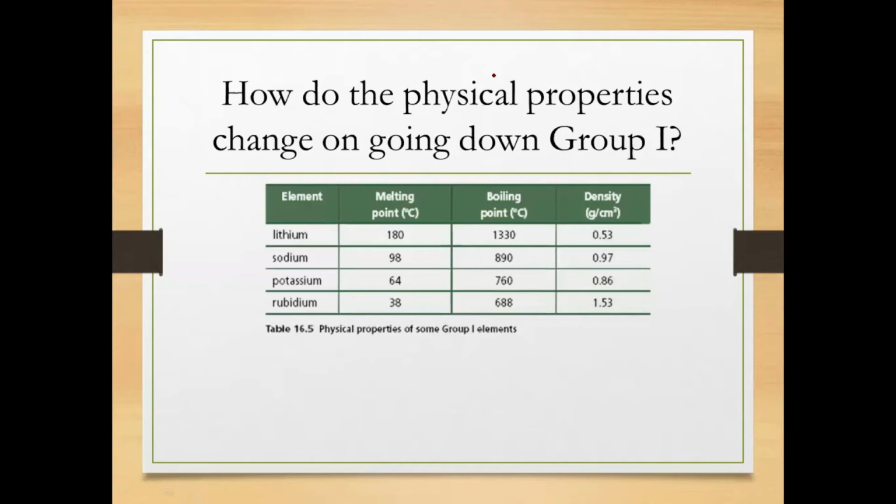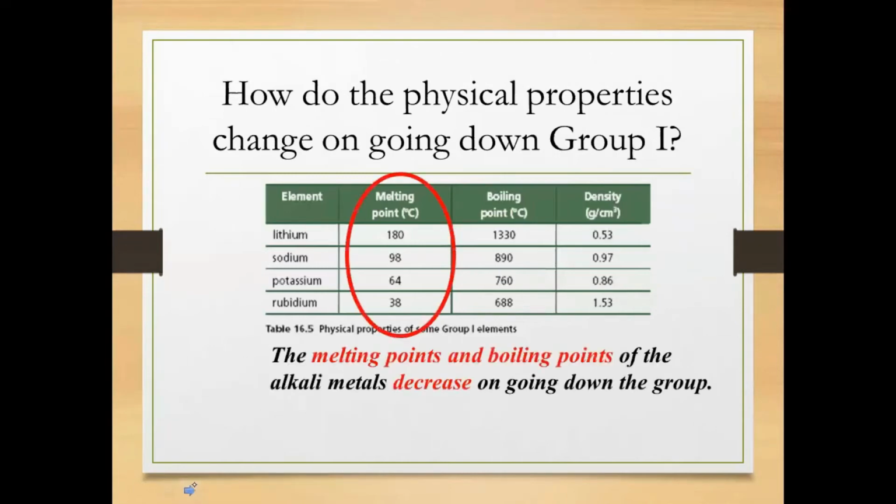Now, here we have a chart where the melting point, boiling point, and densities of four group members of the alkali metals are shown: lithium, sodium, potassium, and rubidium. You can see over here that the melting point of the group number 1 members decreases as we move down the group.